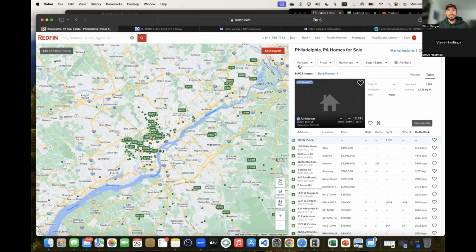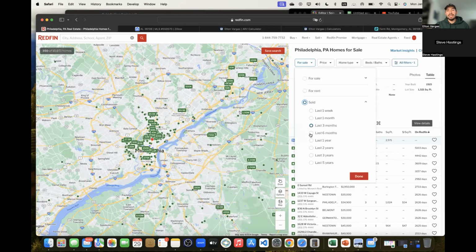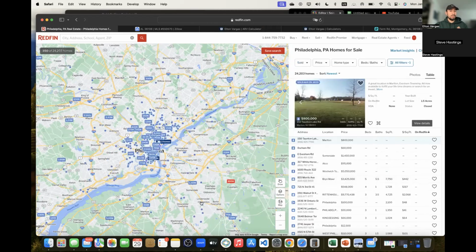Instead of looking for properties that recently sold in random locations, I like to find out where there's activity happening. Think about it like a business: you have a restaurant in one town and another restaurant in another town, about 10 minutes apart, and a lot of people live about 10 minutes from both, in the middle.